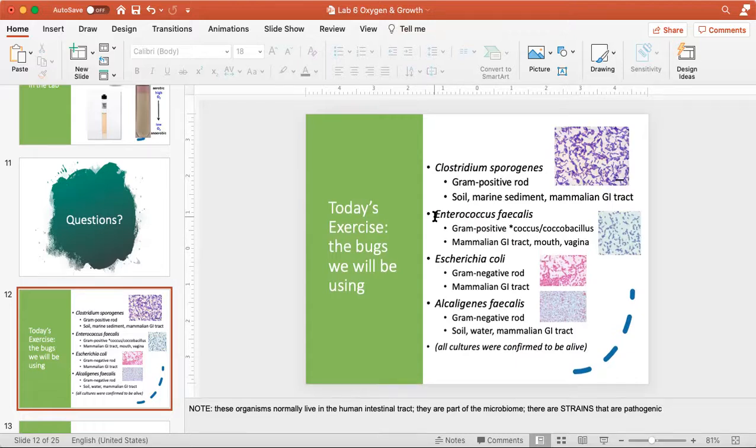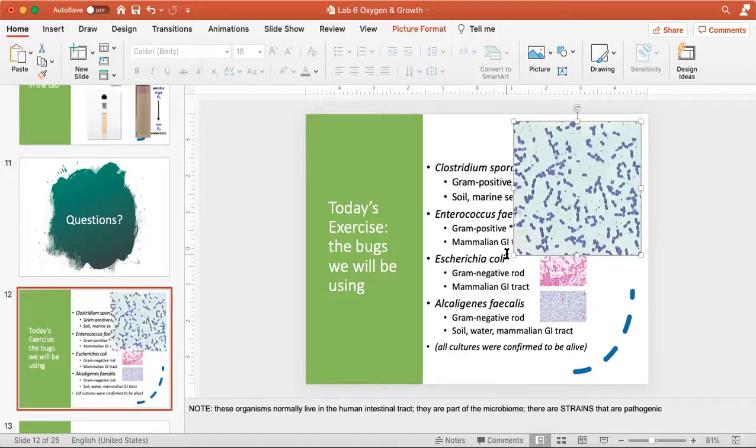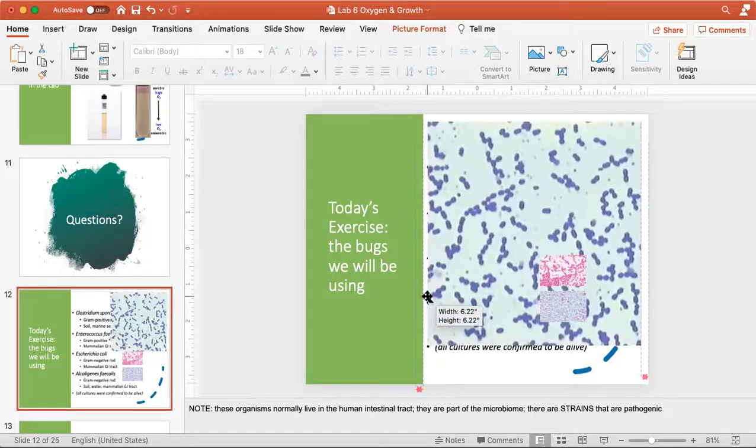Second, we have an organism called Enterococcus faecalis. This is also a gram-positive organism, but this one is a coccus. In fact, some references call this cell a coccobacillus.